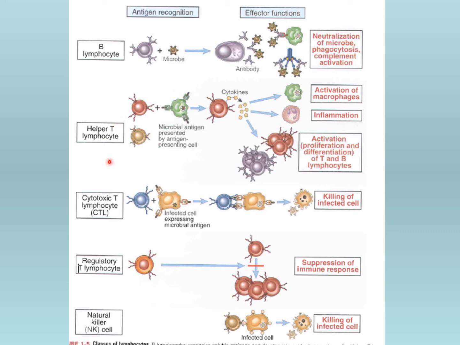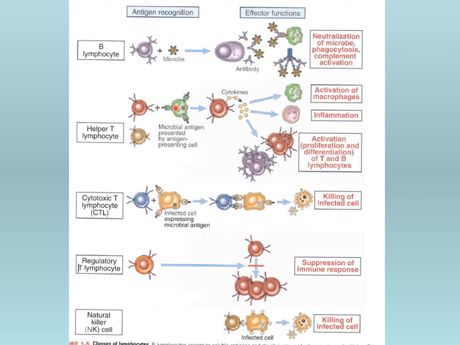So T lymphocytes or T cells are of three types: helper T cells, cytotoxic T cells, and regulatory T cells. So T cells are generally different from B cells by the fact that the receptors on the surface called the TCR are not antibodies, and they can only bind to those antigens which are presented by antigen presenting cells like we have discussed earlier.